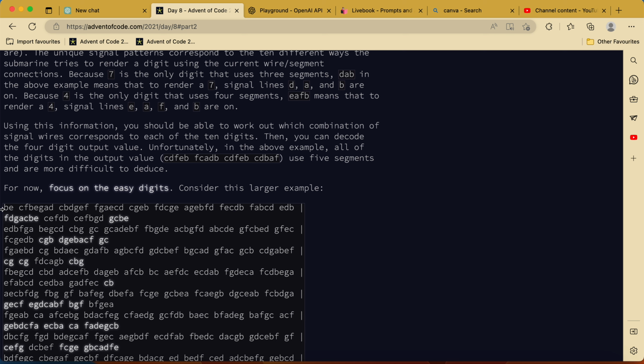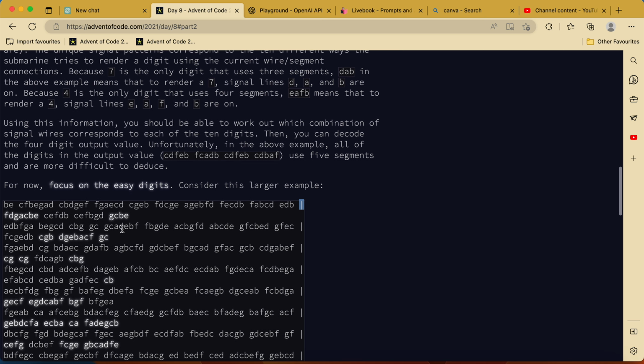For example, that's the first screen that has this encoding, and that's the number, separated with this OR operator, that we need to find out which actual digit they correspond to.